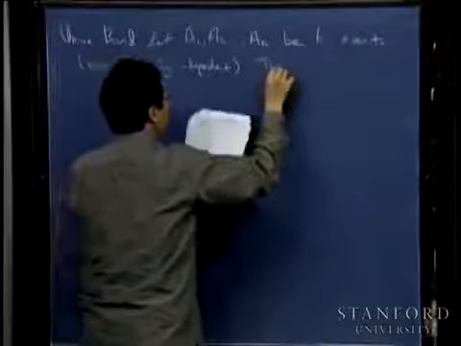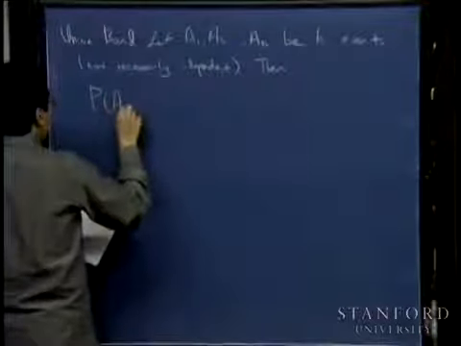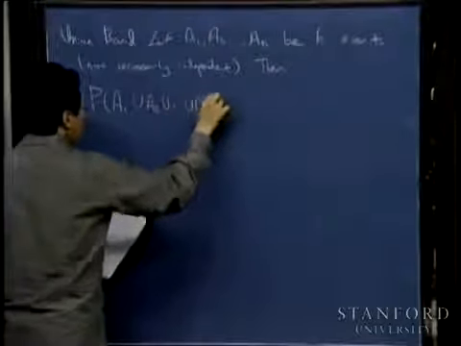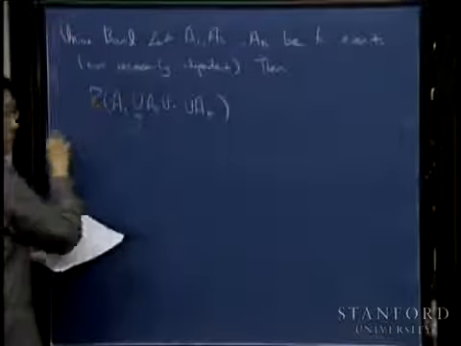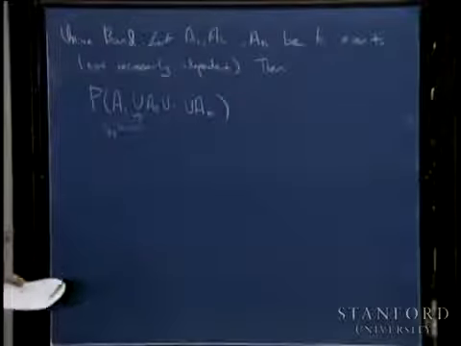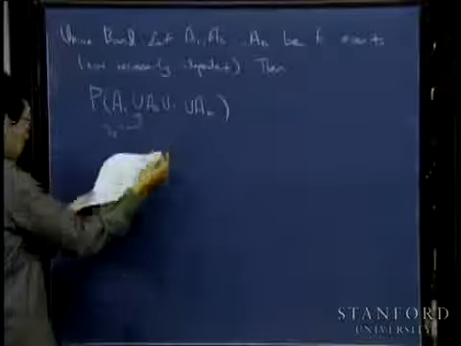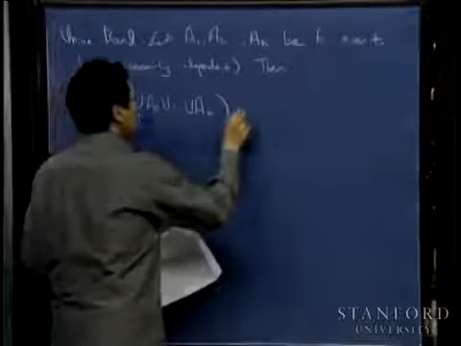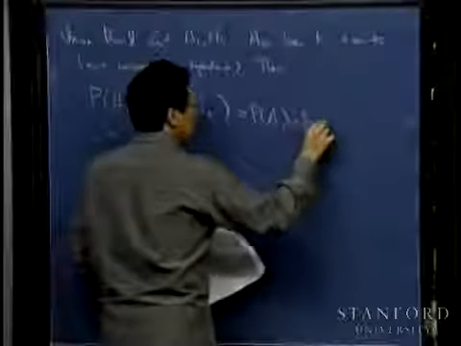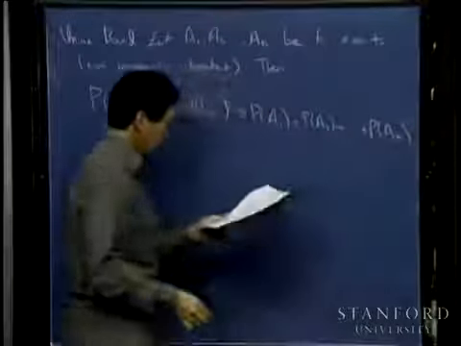Then the probability of A1 or A2 or up to AK, where this union symbol is just set notation for probability and just means or, so the probability of at least one of these events occurring, is less than or equal to the probability of A1 plus the probability of A2 plus and so on, plus the probability of AK.